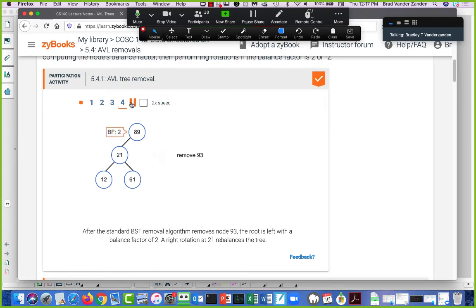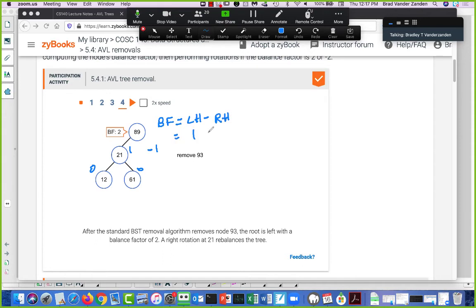So we delete 93, and the balance factor is now 2 because if we look at the heights, 0, 0, 1. Height over here is minus 1. So again, balance factor equals left height minus right height equals 1 minus minus 1 equals 2.